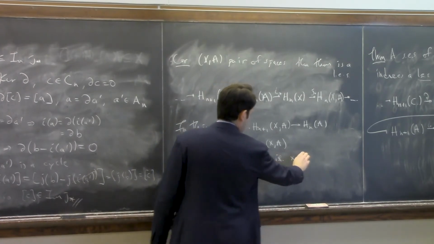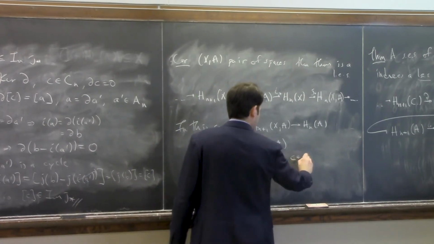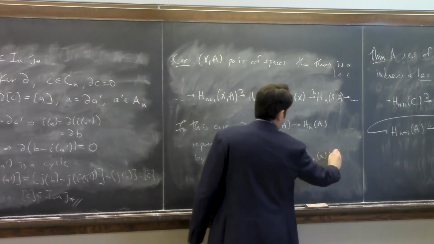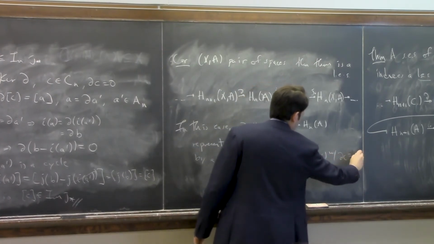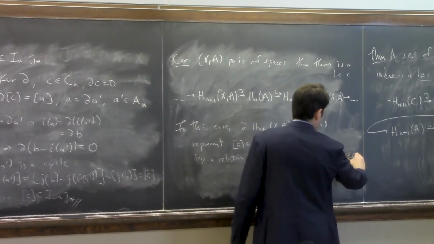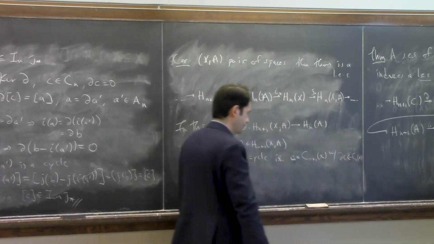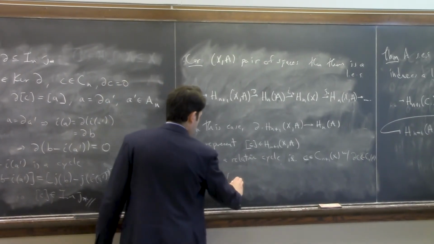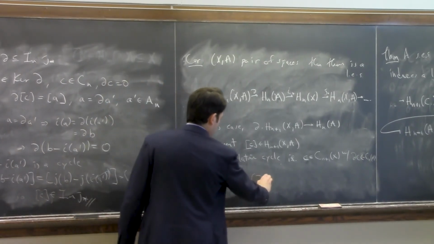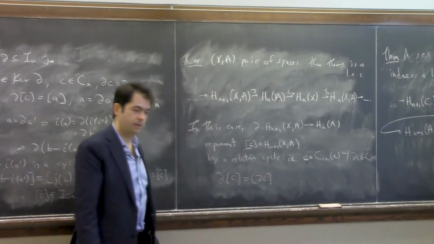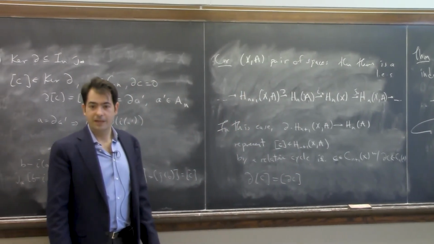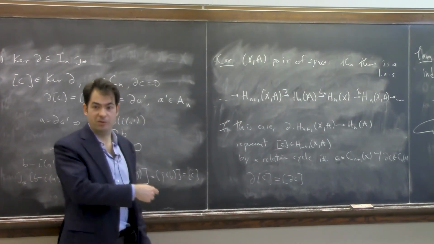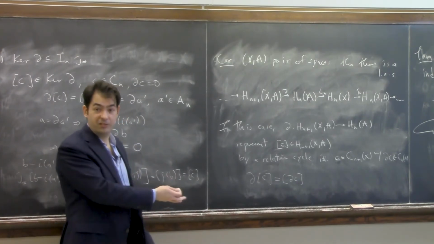Right, that is an element c in C_{n+1} of X with boundary of c in C_n of A. And then the connecting homomorphism applied to c is just the class of its boundary. So this is why the connecting homomorphism is represented by the same symbol as the boundary. Because in this case, it just is the boundary.